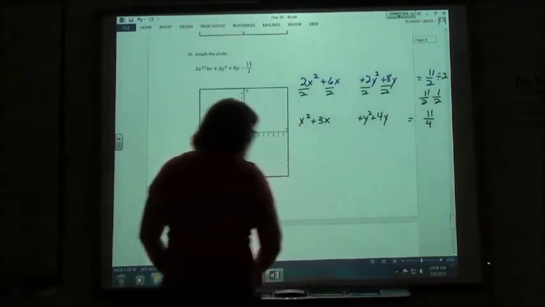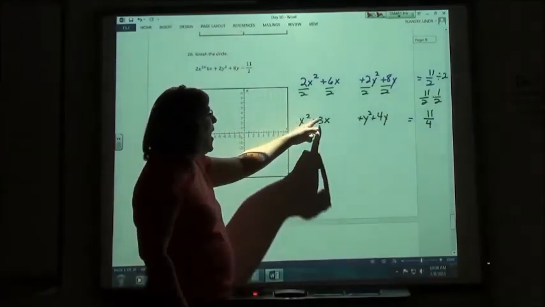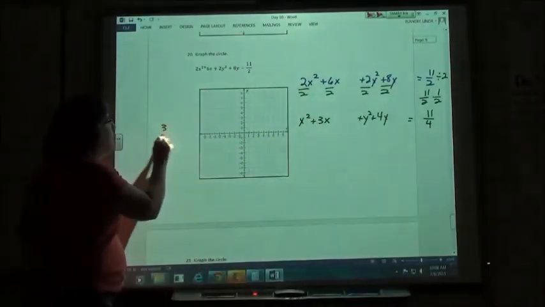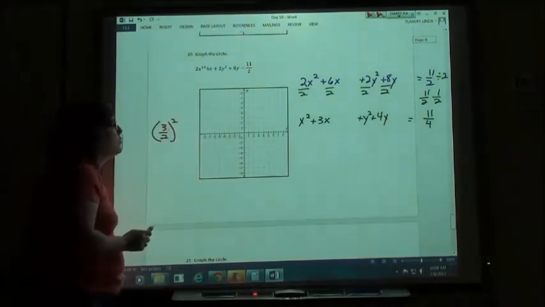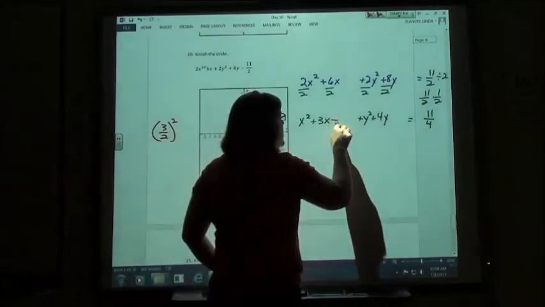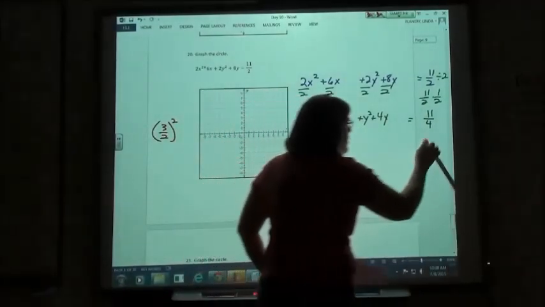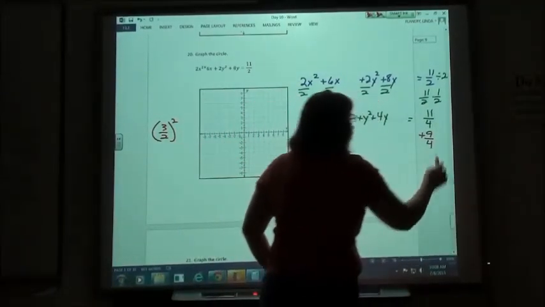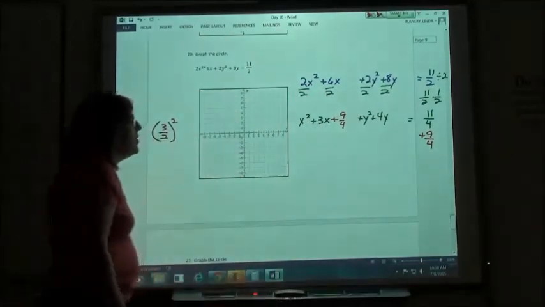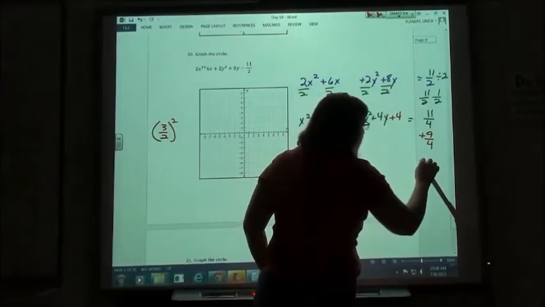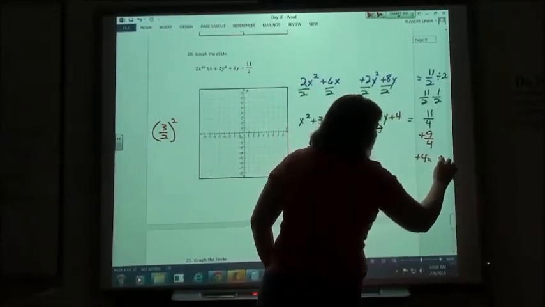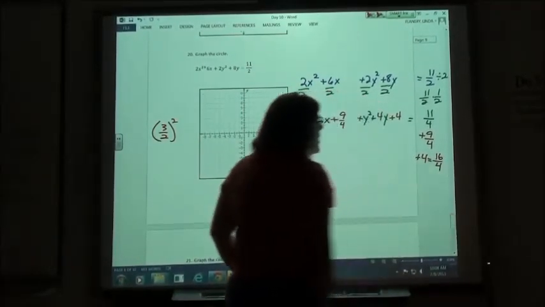Now, when I complete the square, half of 3 would be 3 over 2. I then have to square my 3 over 2, so I'm going to add 9/4 over here. On my other ones, half of 4 is 2, 2 squared is 4, so I'm going to add 4, which would be 16/4 if I write it as a fraction.